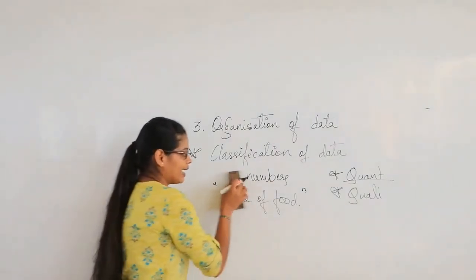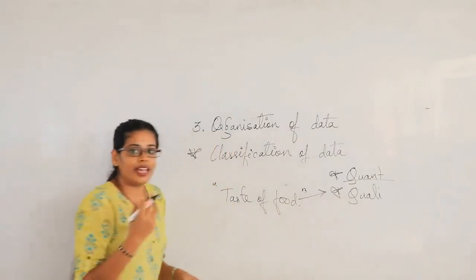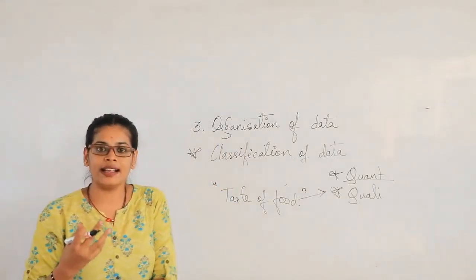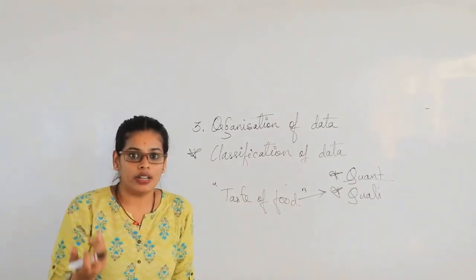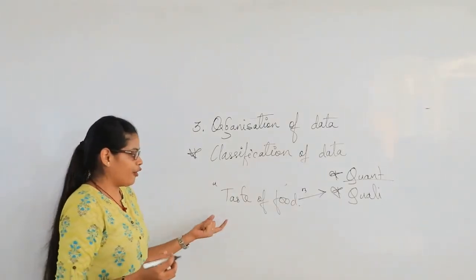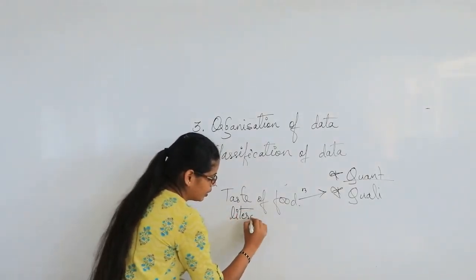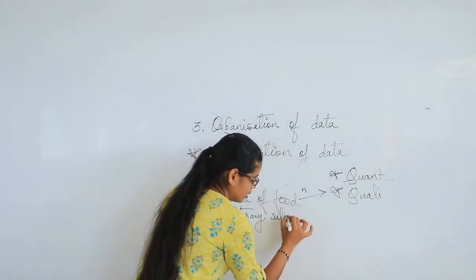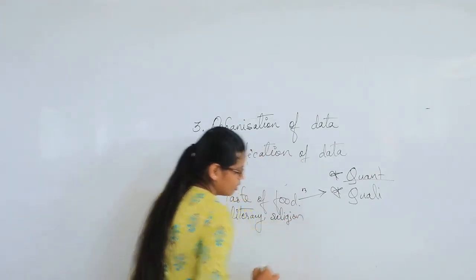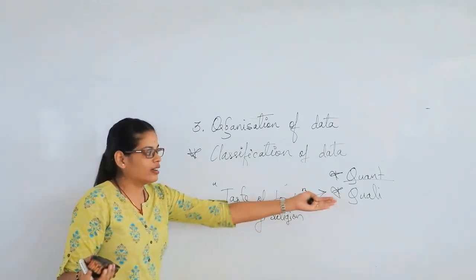So these kinds of things come under qualitative, wherein we are expressing in terms of quality or attributes or traits. For example, we have literacy here, okay, we have religion, we have so many things which come under qualitative.